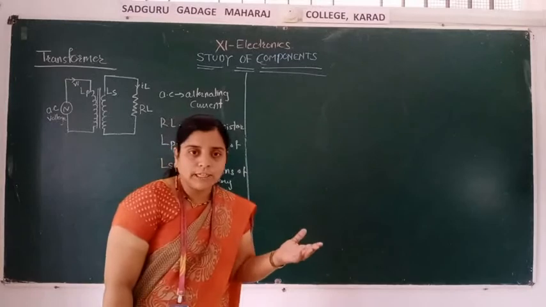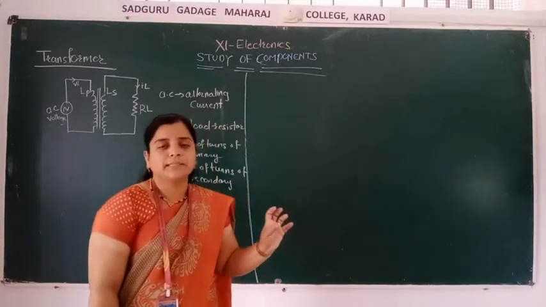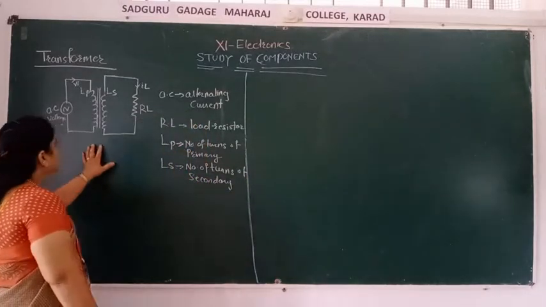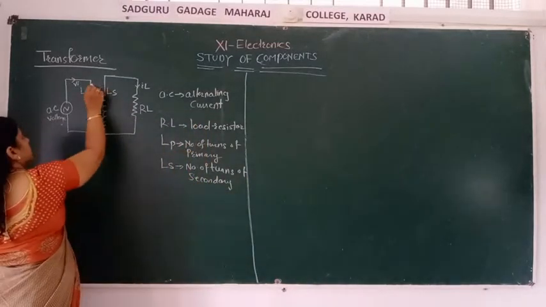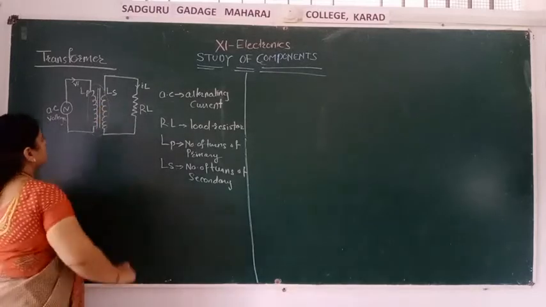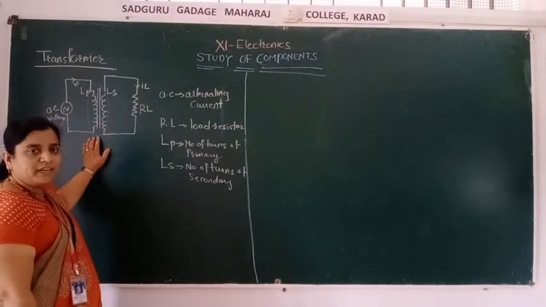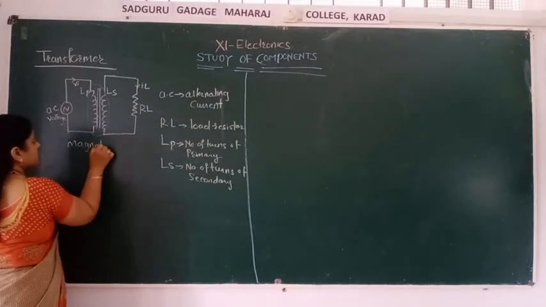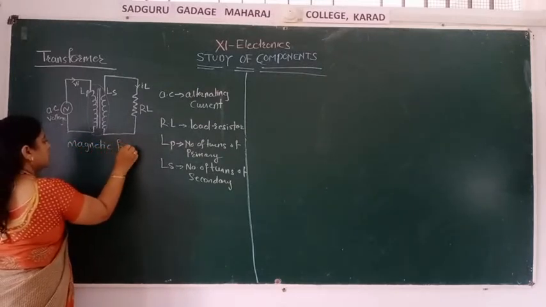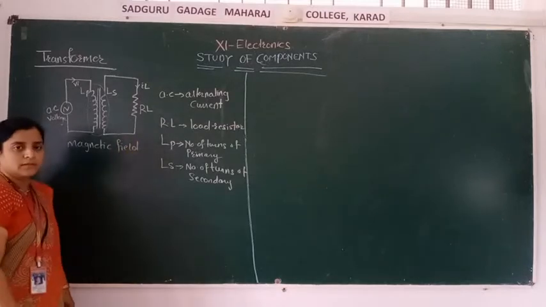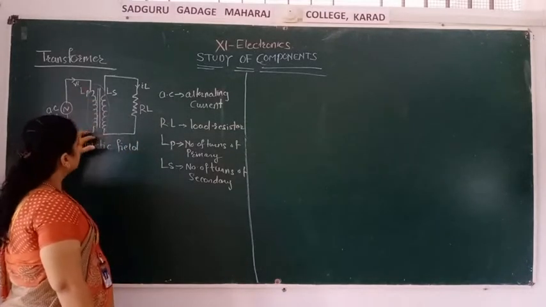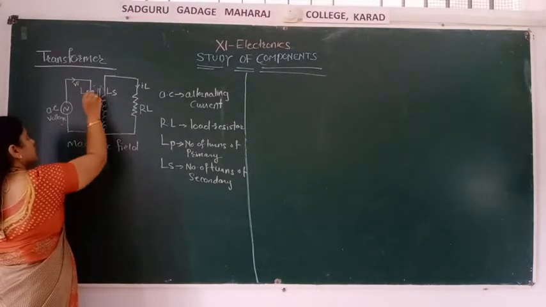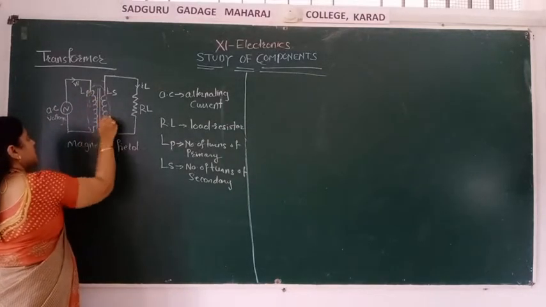बट मग कसं व्होल्टेज जाणार? ते प्रायमरीला जे काय आपण सप्लाय दिले ते सेकंडरीला आपल्याला कसं मिळणार? तर here because of this transformer, what happened? Magnetic field is there. Because of the magnetic field, this winding produces the magnetic field across the primary winding and secondary winding.